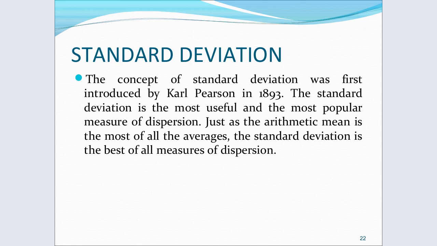Then we add 3 minus 3, we square it. And we add 4 minus 3, we close the bracket, we square it. We add 5 minus 3, we square it. Then we close the entire bracket. Then we divide by the number of observations, 5.